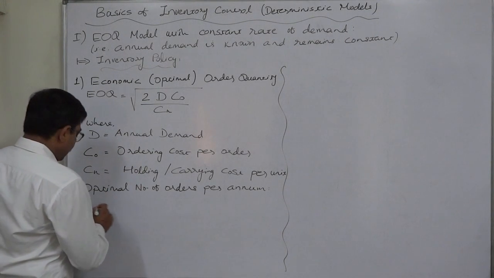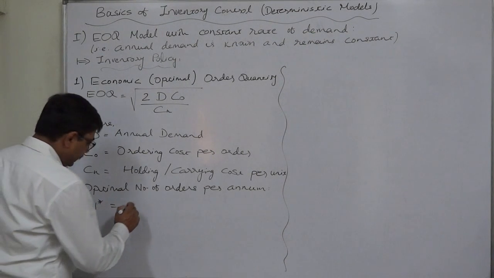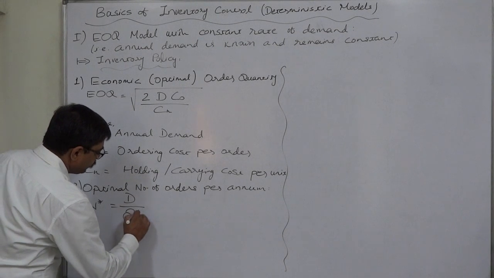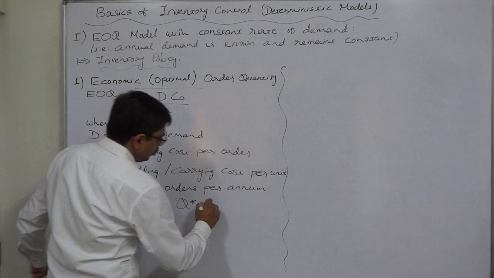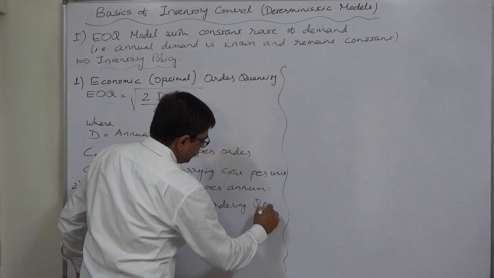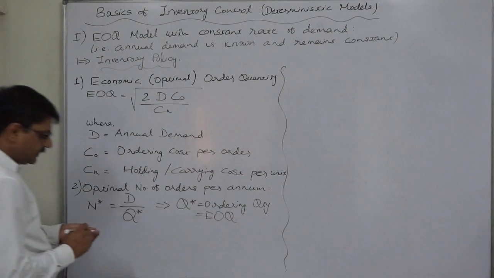This is known as N star, and the formula is very easy: D, that is annual demand, divided by Q star. Q star equals the ordering quantity, that is EOQ, if nothing is specified.